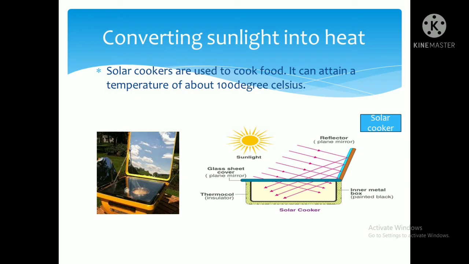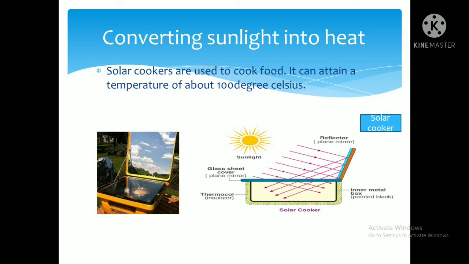Okay, next one more example we are taking is the solar cookers. Same thing, it will reflect back. See this, the first diagram, solar cookers are there. These are used to cook food, and they attain a temperature of about 100 degrees Celsius. So obviously at 100 degrees Celsius, what will happen? With this cooker, it is very easy for us to cook rice, dal, vegetables in a solar cooker.